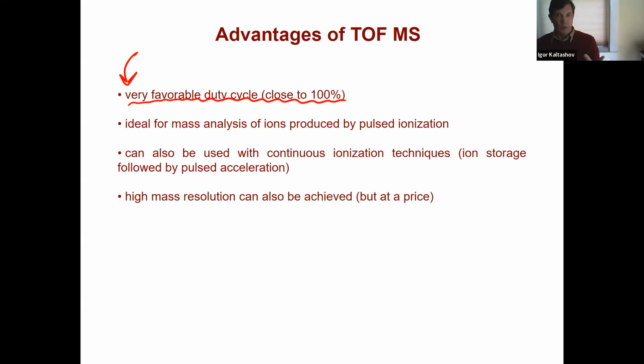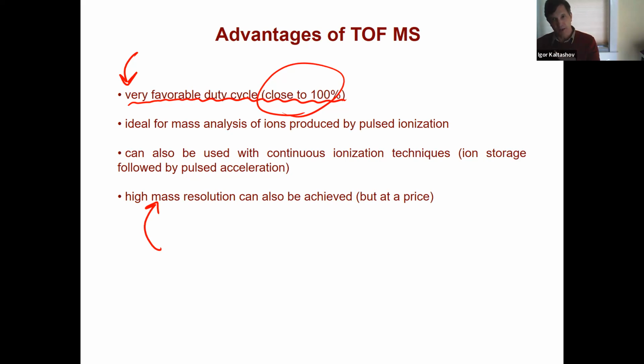And so you convert a continuous technique to a pulsed one, essentially, but you're not losing anything. So you still can take advantage of a very favorable duty cycle. And lastly, you can achieve very high mass resolution. There are trade-offs.